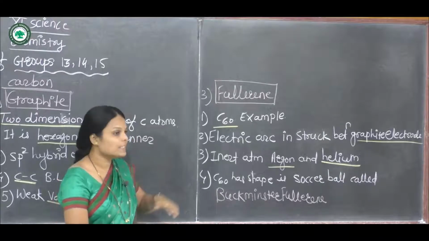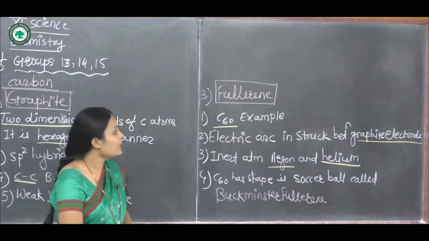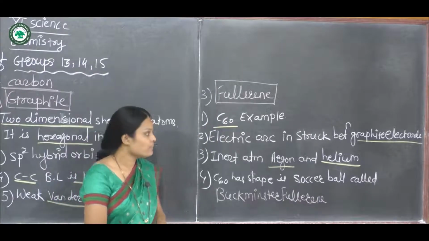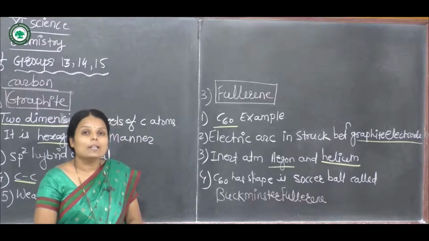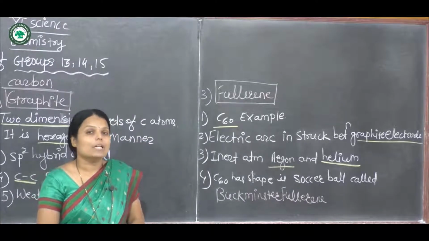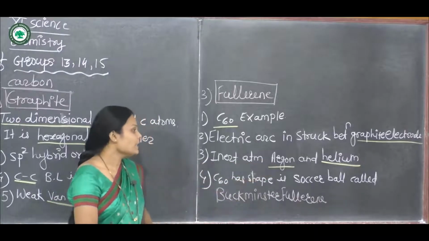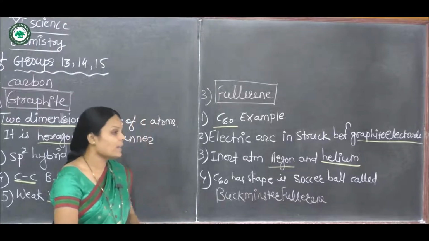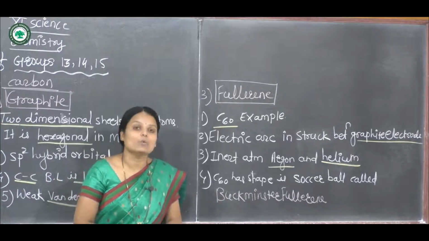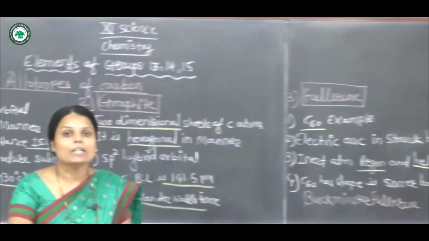An electric arc is struck between graphite electrodes in an inert atmosphere of argon and helium. This is the third type of allotrope of carbon.